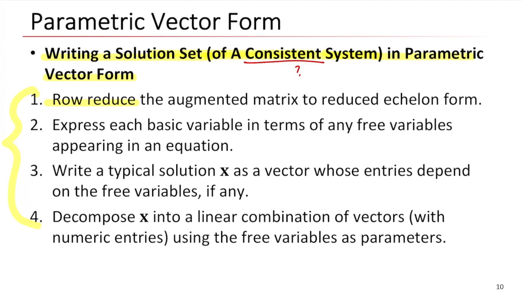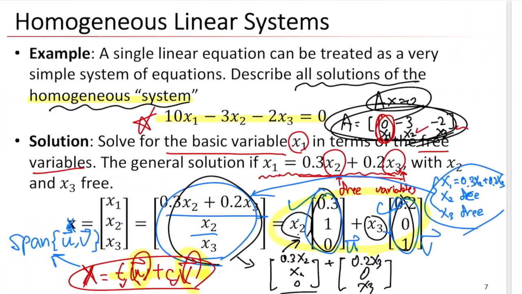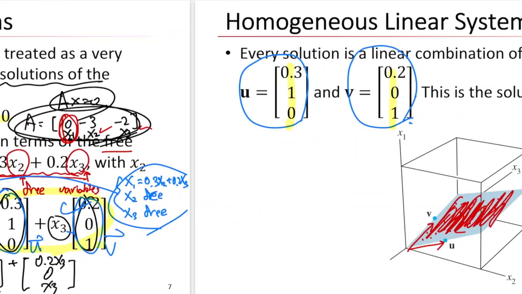First, row reduce the augmented matrix to RREF form. Then express each basic variable in terms of free variables. So it was the parametric description of the solution, right? Then write the typical solution x as a vector whose entries depend on the free variables, like this.